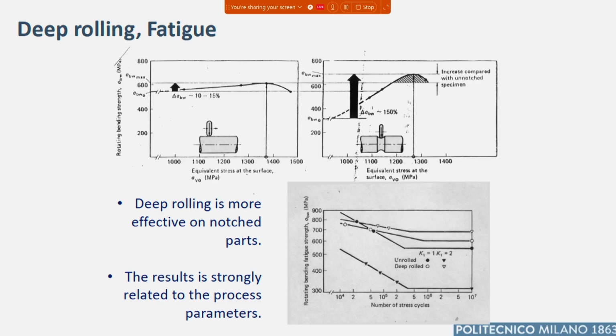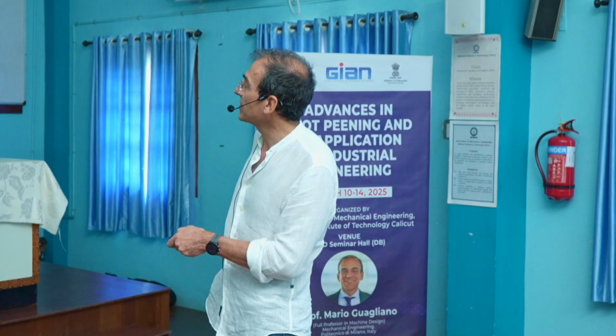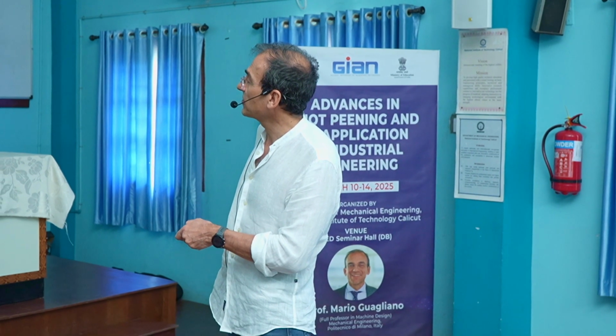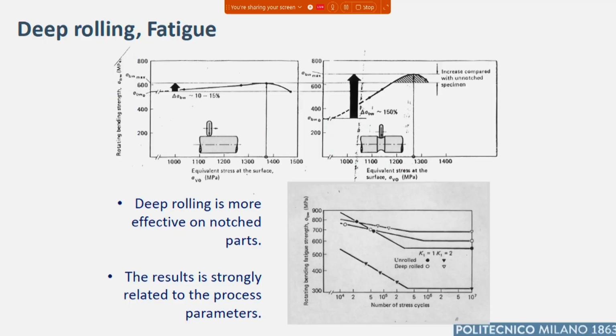Here, indeed, we have already commented on this graph that now is completed, and these are the parts that we said we are deep rolling, the smooth and the notched part, and we see that by considering the optimal condition for deep rolling, we are able to induce an improvement of the fatigue strength, and the improvement is much more remarkable if you are considering the notched part.